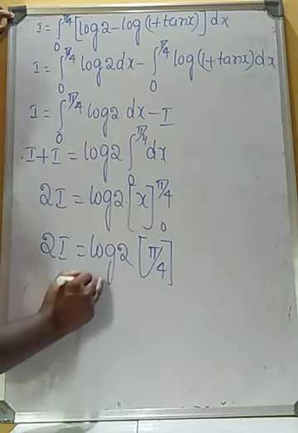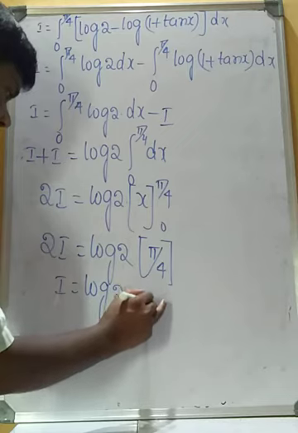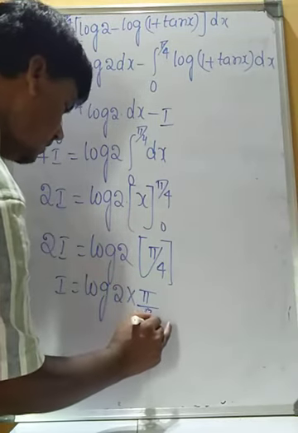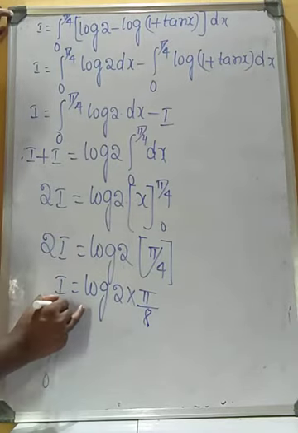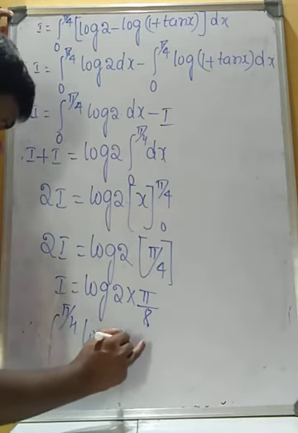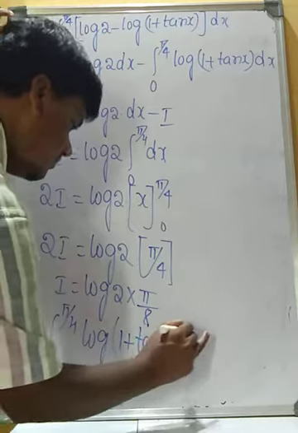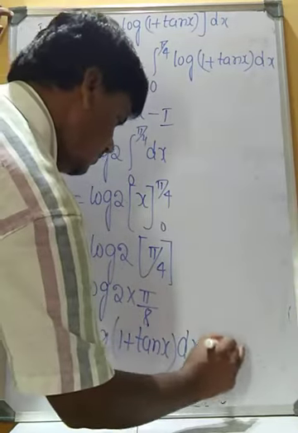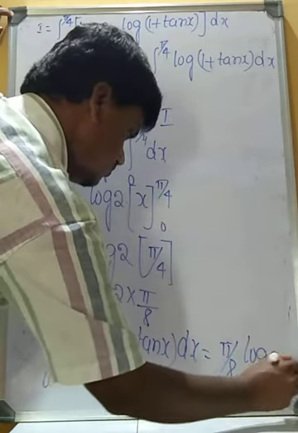Therefore I is equal to log 2 into pi by 4 into 1 by 2 is pi by 8. So therefore integral of 0 to pi by 4 log of 1 plus tan x into dx is equal to pi by 8 into log 2.